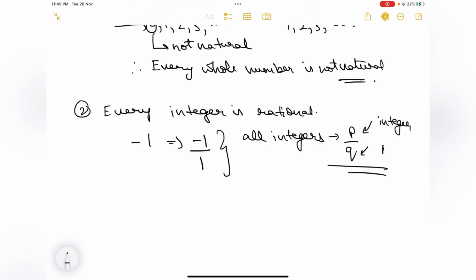Now, moving on, the third one is: every rational number is an integer. Is that true? That is of course false.